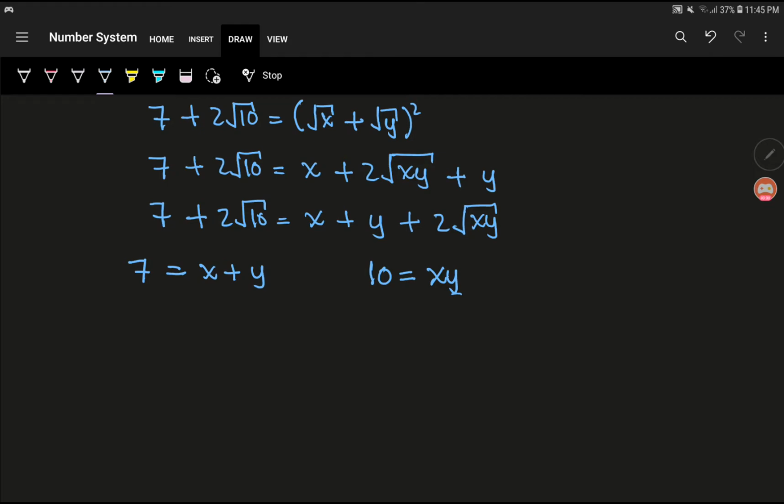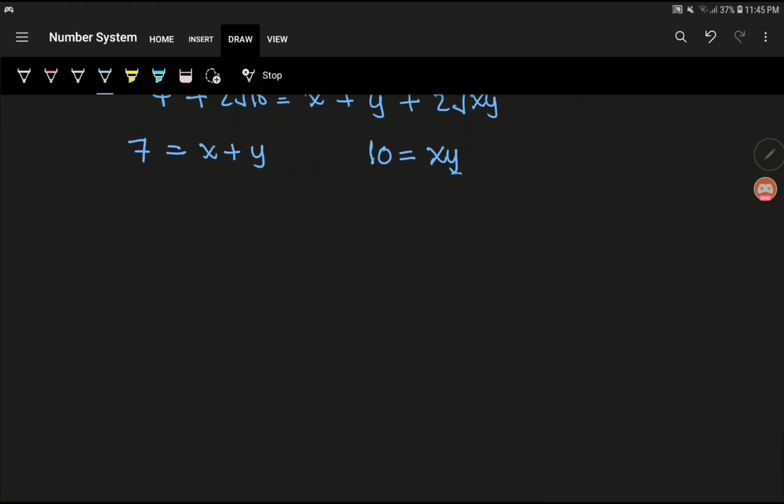Okay, so let x be 7 minus y. We substitute this x into here, so we have 10. Instead of x, we replace with (7 minus y) multiplied by y.